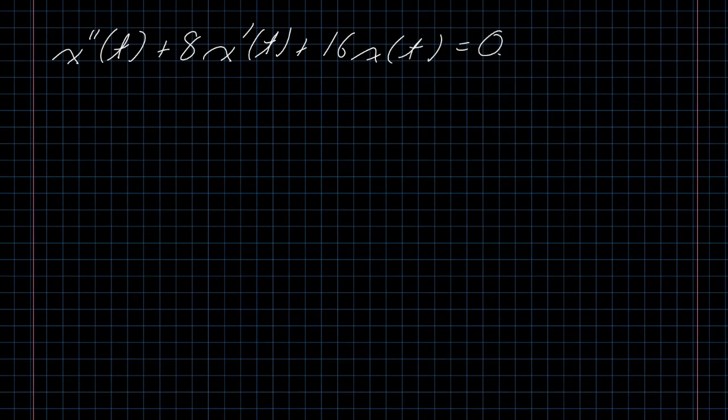Getting rid of the nonlinear term, x double prime of t plus 8x prime of t plus 16x of t equals 0. We know how to solve this differential equation using the method of characteristics.